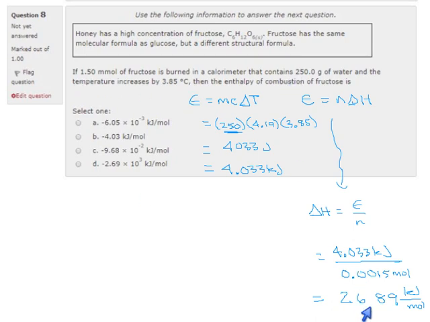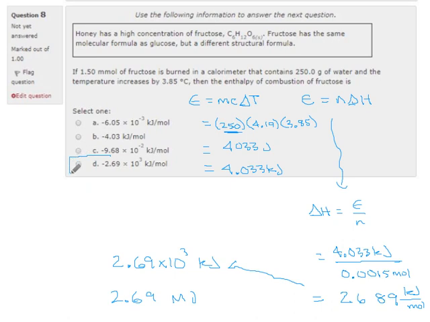So this should be cut down to 3 significant digits, which unfortunately is not enough to write 2,689. So we have to go to scientific notation, and that means we get 2.69 times 10 to the 3 kilojoules. The other way you could write that is 2.69 megajoules, but this one is what they expected.